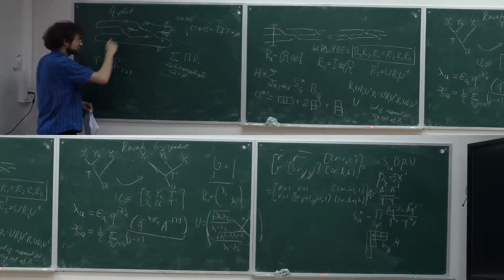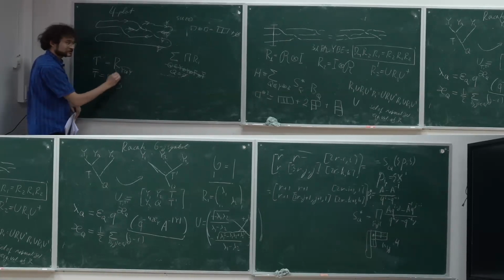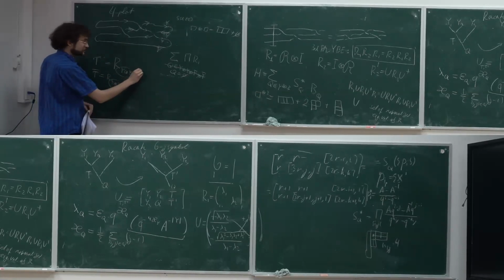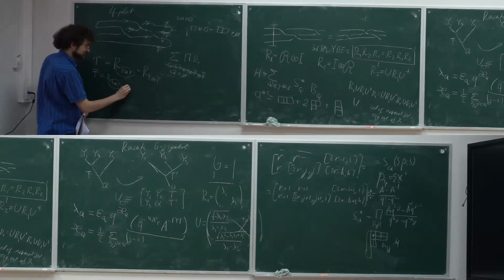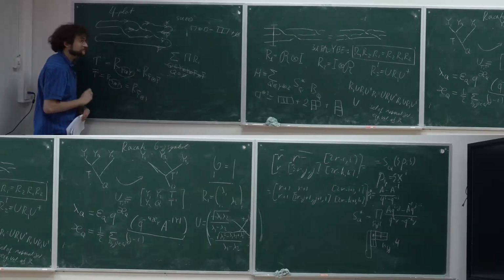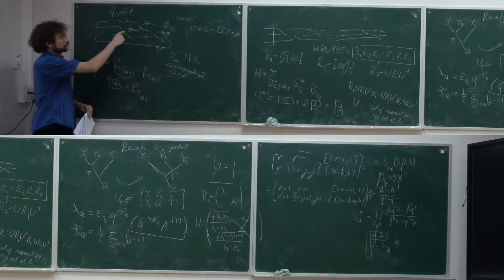So this will be one matrix, and this will be another matrix, T bar. They are different because the irreducible representations here and here are different. But actually, this matrix is the same as this one, and this one is the same as this one. And there are two Racah matrices corresponding to different placement of the strands in here.